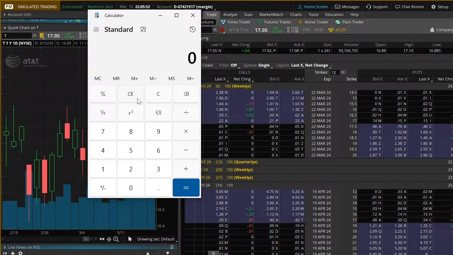So the premium that I collect, 21 cents, I've got to subtract 8 cents from that, and that only gives me 13 cents. 13 cents divided by the purchase price of 17, because I've already deducted the 8 cents, I will have a return for the week of 0.7. So the numbers don't work.